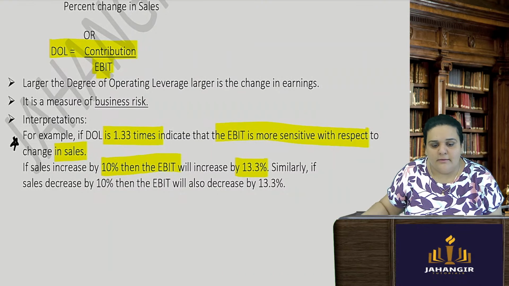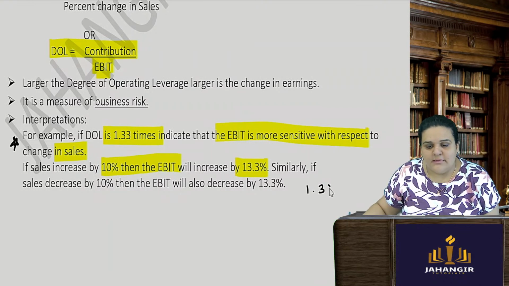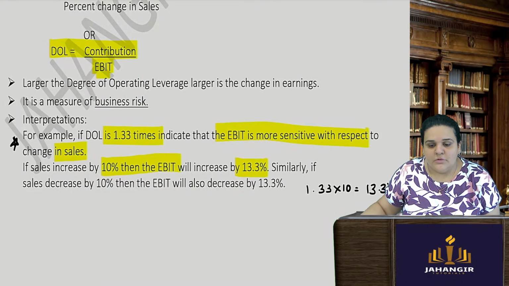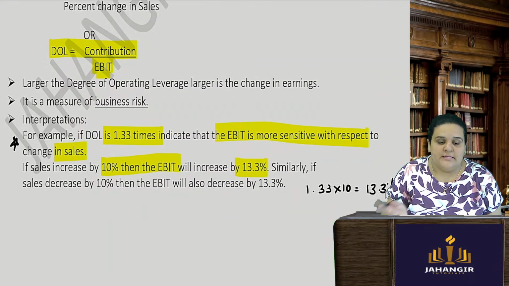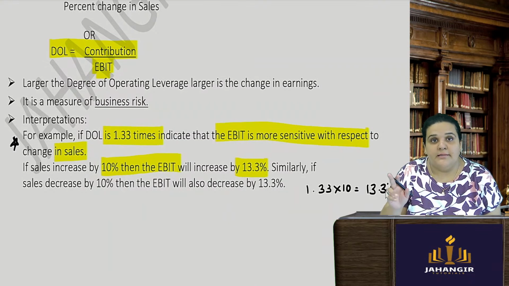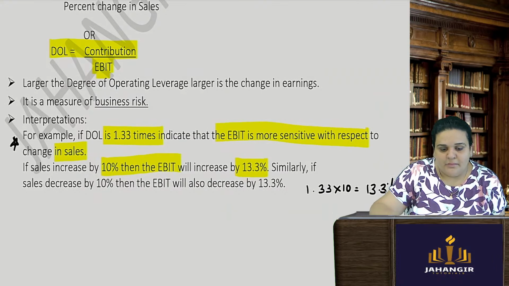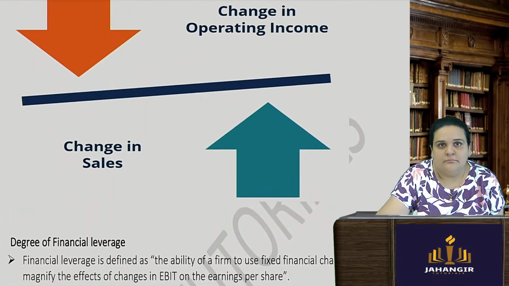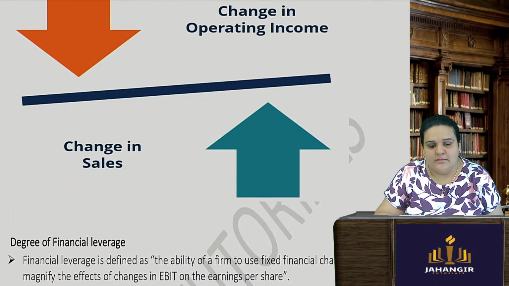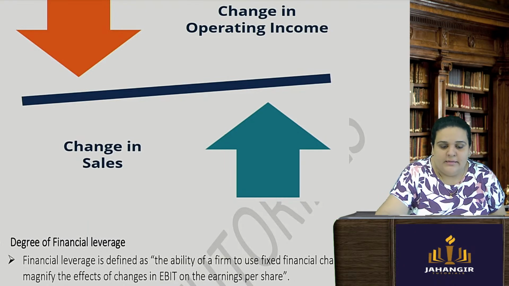How did I get that? 1.33, the leverage, into 10. So you see, it is not necessarily changing in the same ratio. Sales is changing by 10%, but EBIT is changing by 13.3%. This is the change in income relative to the change in sales, which is what we mean by leverage.